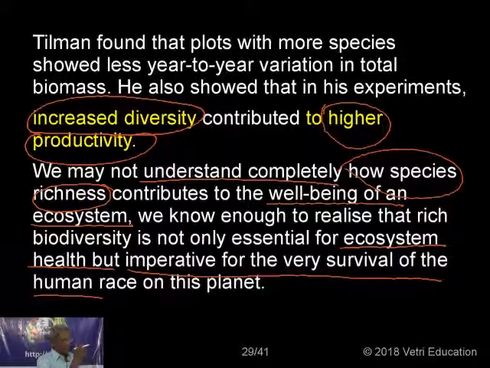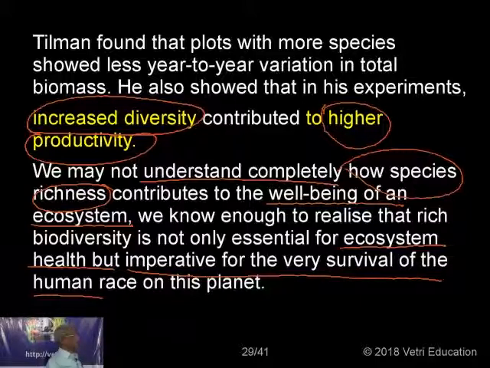That itself will become a very big question mark. We don't know how far species richness is going to benefit or harm human society. These things are not very clear. But one thing I am very sure of: if species richness is not there, that will be a very big question mark for human society. Even the very basic survival will be a question mark.